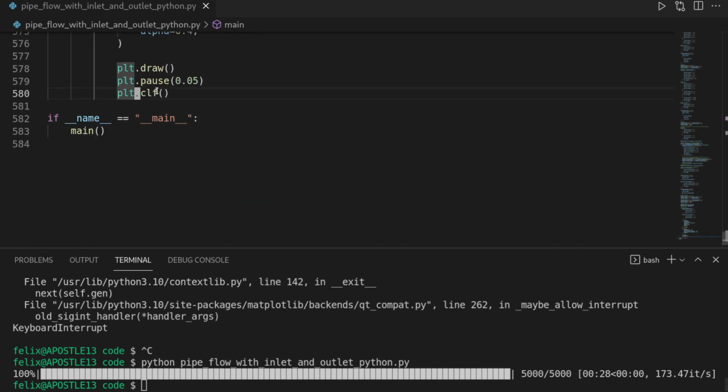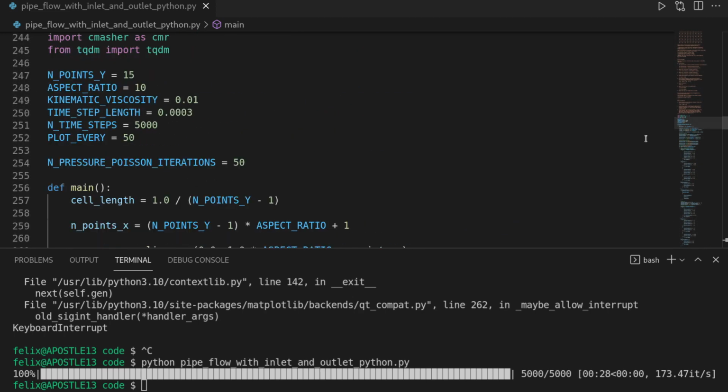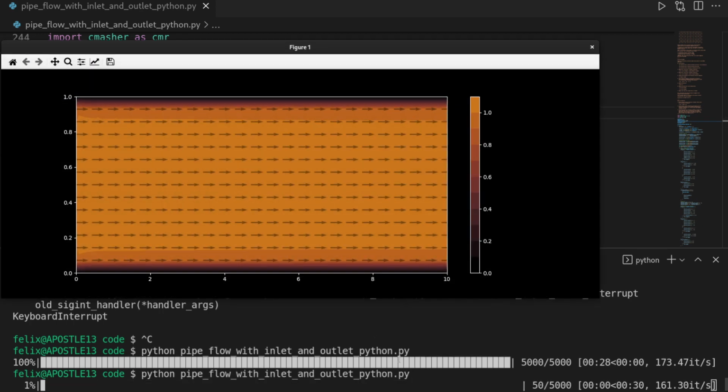And let me also add a plt.show in the very end so that our plot keeps running. And maybe I want to increase the time step even higher. I think we should be good to go to 0.001. And let me run it again.